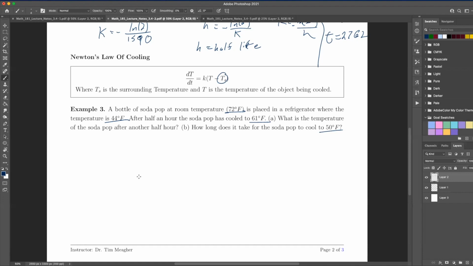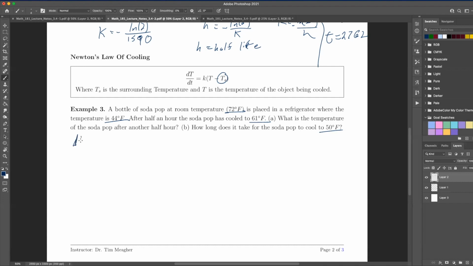Let me see how your book wants to define this. I see what your book's doing. Let me see if I can explain it to you.